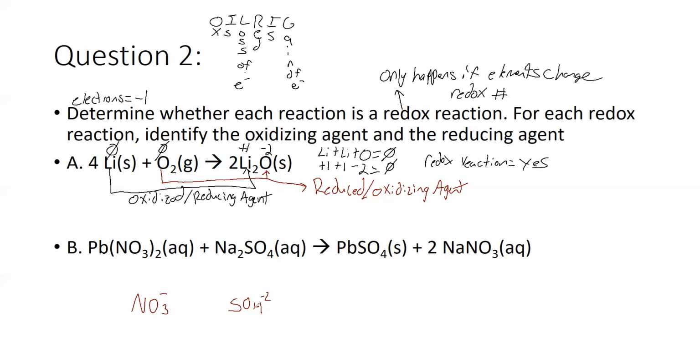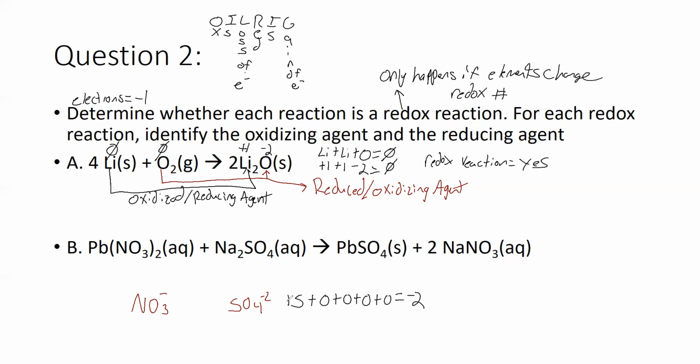When we do the oxidation numbers for SO4, it's sulfur plus oxygen plus oxygen plus oxygen plus oxygen. They all have to equal -2. And you can see here, it's tricky because there's no -2 here.